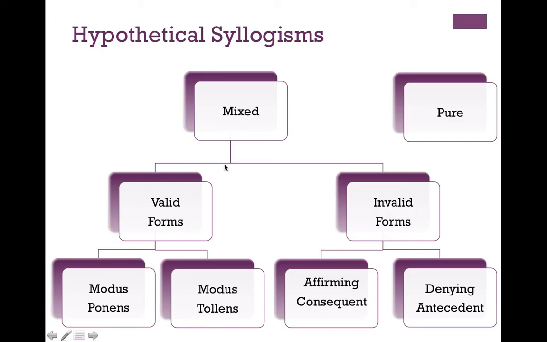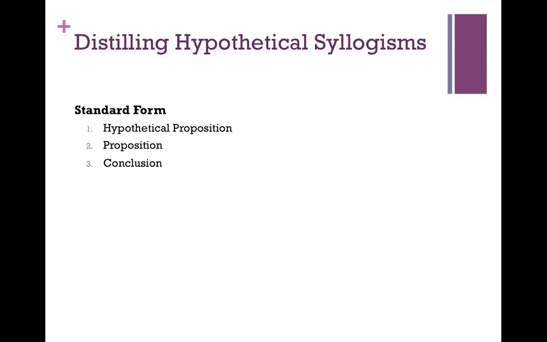And then under mixed, you have valid forms and invalid forms. The valid forms are going to be modus ponens and modus tollens. The invalid forms are going to be affirming the consequent and denying the antecedent. And just so you know, this is going to be information you're going to be tested on in your final exam for this class. So do try to learn these, or at least familiarize yourself enough that you can understand them or spot them when you see them.